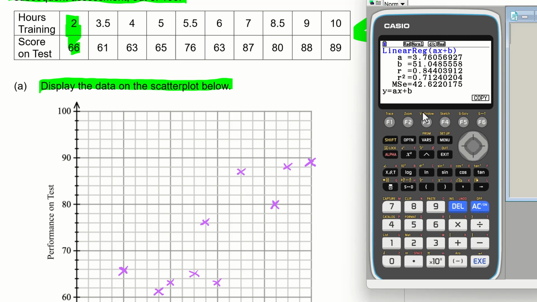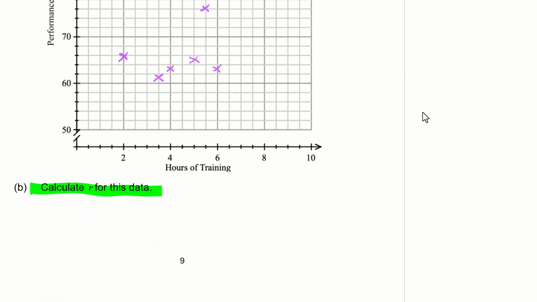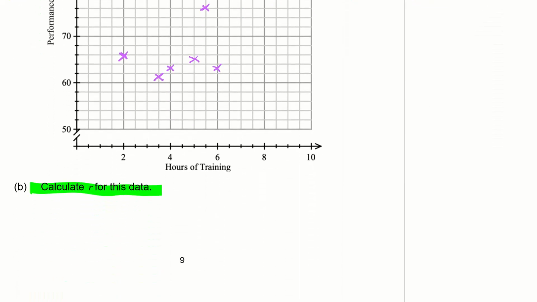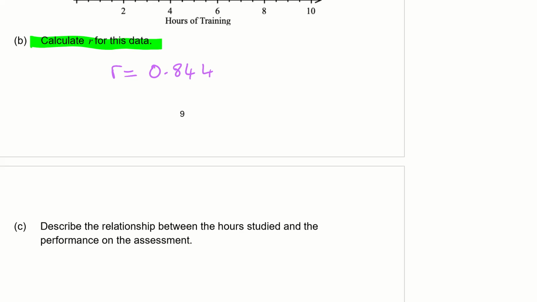So we've got R is equal to 0.844. So I'm going to say 0.844, which is a strong correlation. Describe the relationship between the hours studied and the performance on the assessment. I usually like to say two things here.